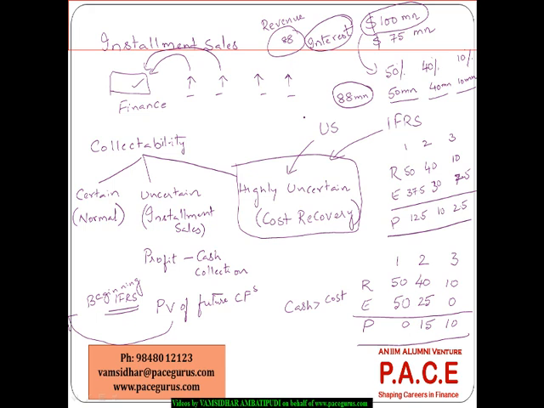But for installment sales, even when there is certainty of collection, instead of recognizing the whole sale in the current year, the present value of the future expected installment payments is recognized as revenue in the current year. So these are some of the important aspects of the installment sale.